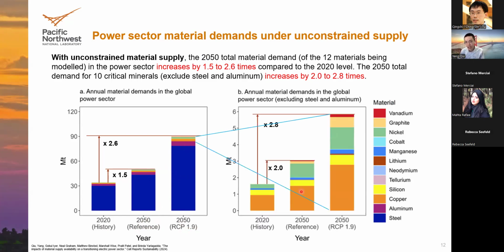The figure on the right-hand side is showing you the demand for materials that require relatively small demand, which are typically called critical minerals or materials. You can see their demand will also significantly increase over time, especially under the RCP 1.9 case.